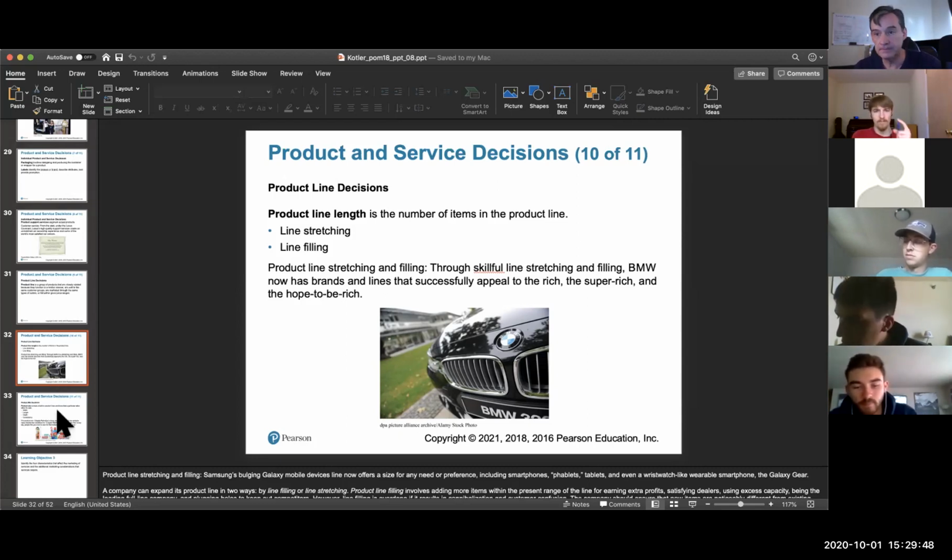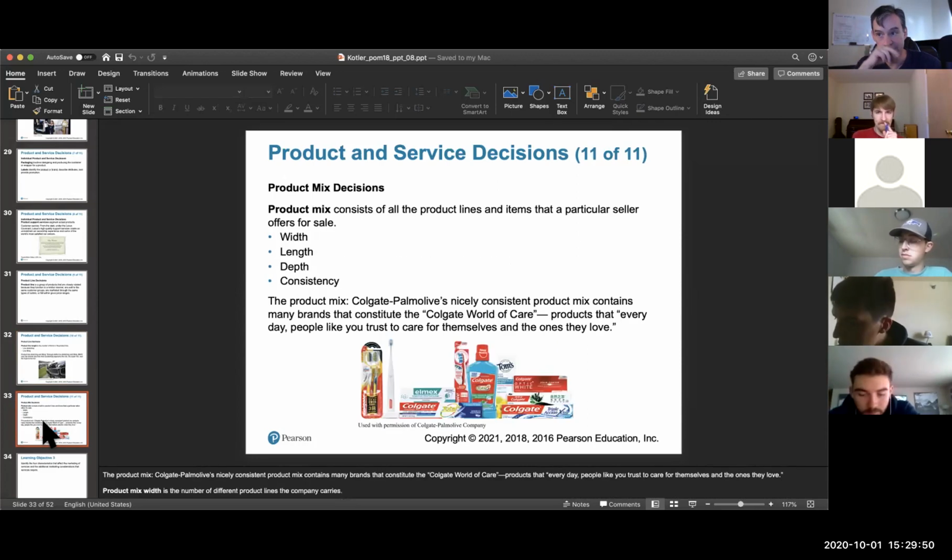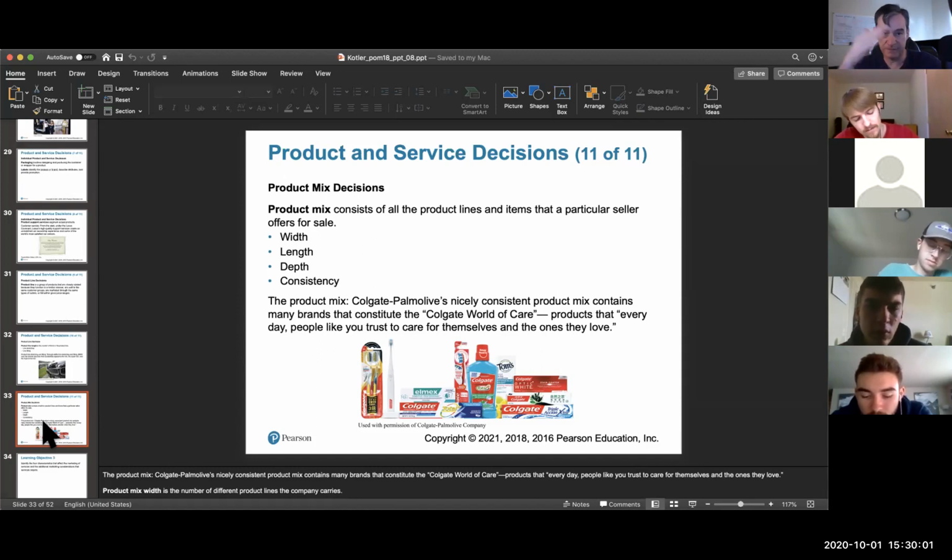Now it becomes a mess. You have product mix decisions. You have lines of products. Okay, how are you going to mix? Which kind of mix strategy will you follow?